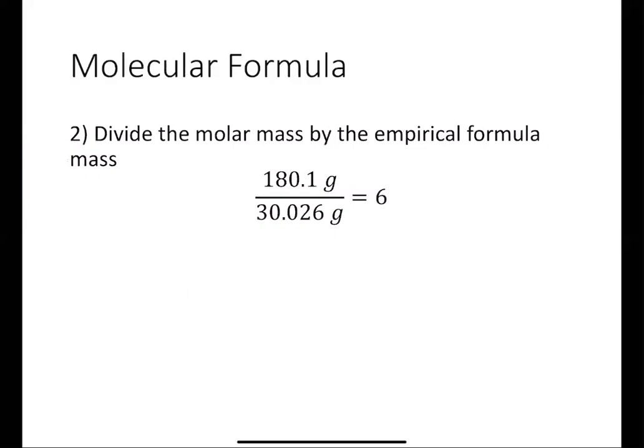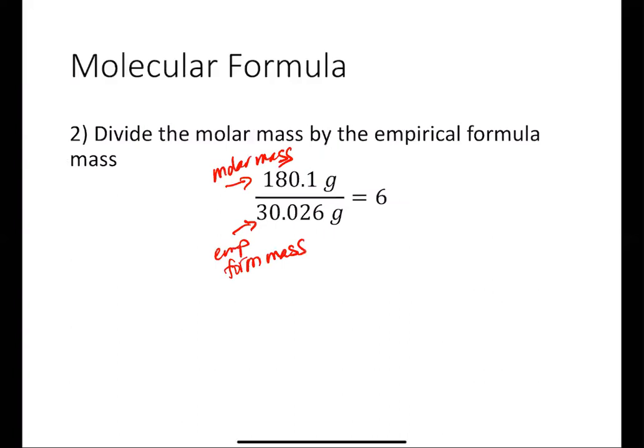The larger one goes on top because you always want to get a whole number. This is different than the percentage one that we did, where the bigger one goes on the bottom. Here the whole molar mass goes on top, and the empirical formula mass that you just calculated goes on the bottom.